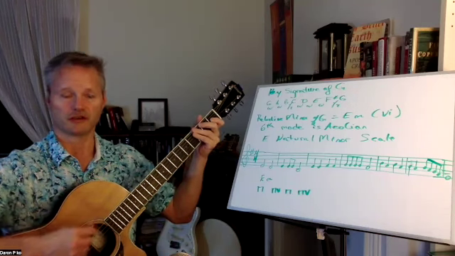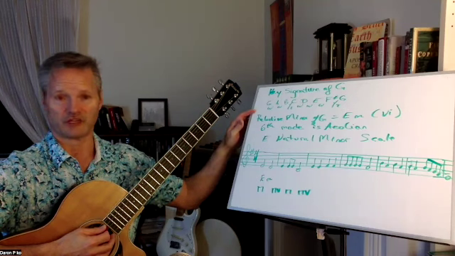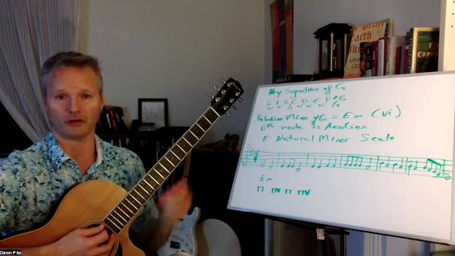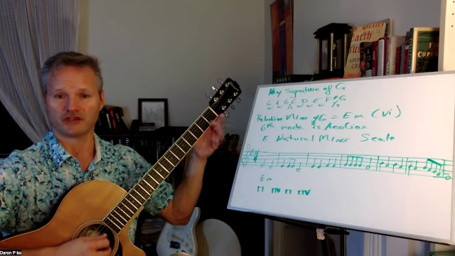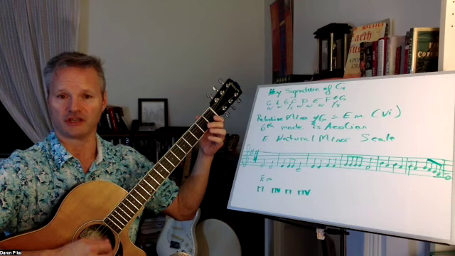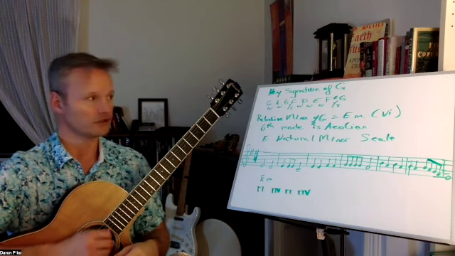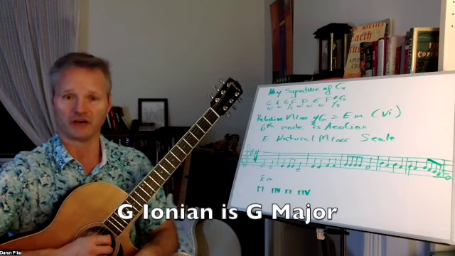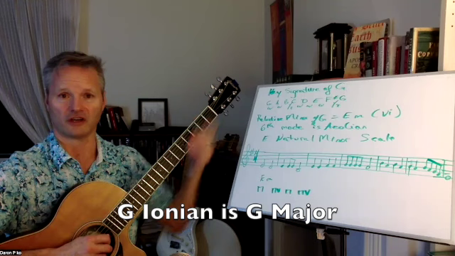So the key signature of G, G, A, B, C, D, E, F sharp, and G, making a major scale derived from whole, whole, half, whole, whole, whole, half steps. There's your G, here's starting again at that G, with your F sharps. Key signature of G has F sharp notes, and that would be a G Ionian scale, a G major scale when I start on G and make it the tonic.